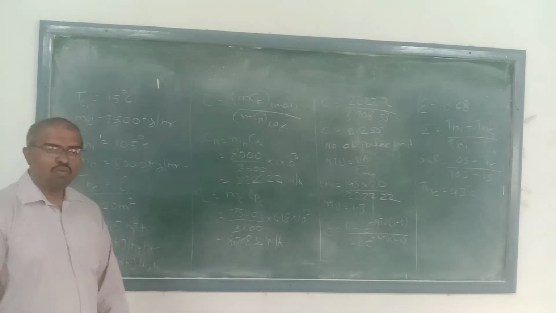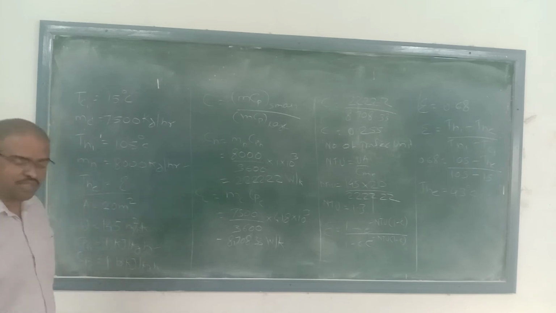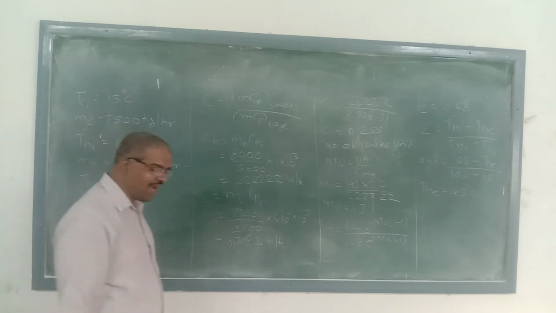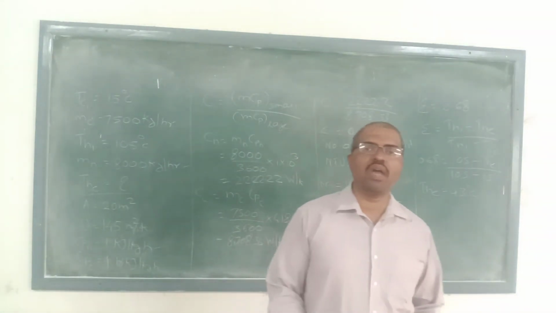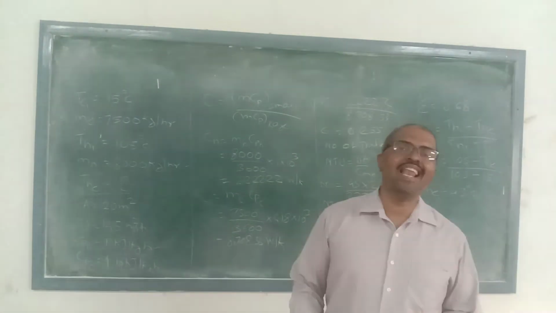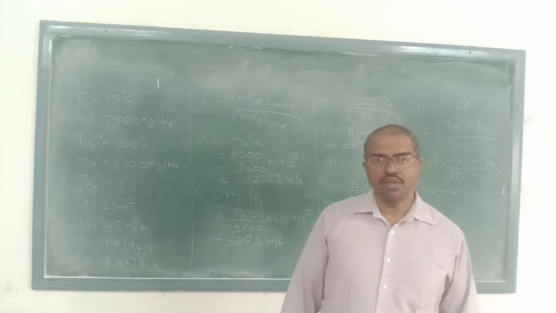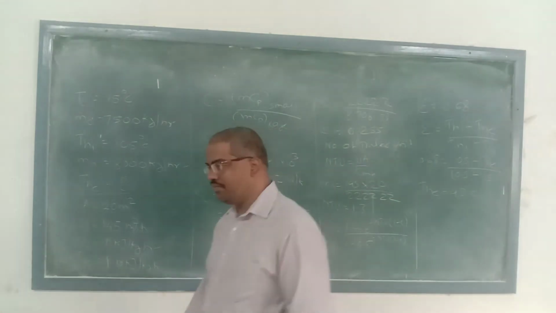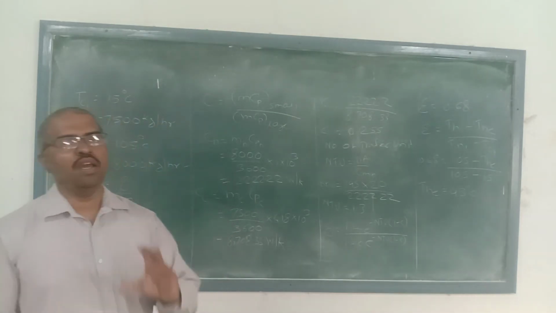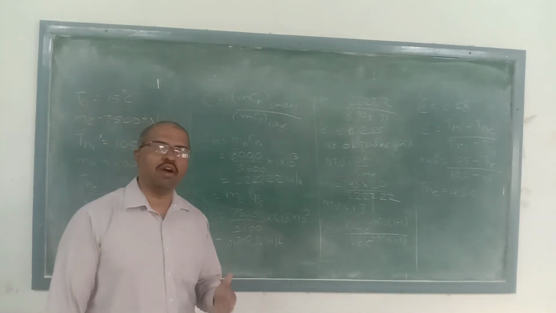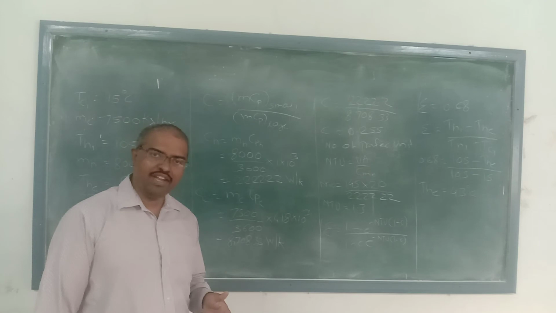While solving this problem, after seeing the given data, we found that they have not mentioned all the temperatures, so it is impossible to calculate by using the LMTD method. So first of all, for the unknown temperature, we have to calculate the effectiveness.